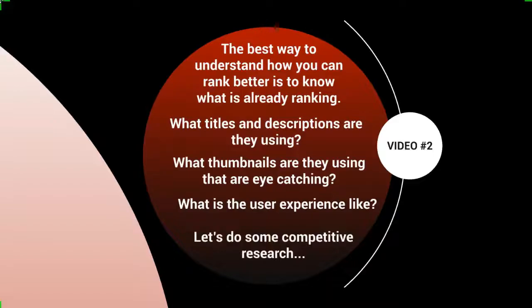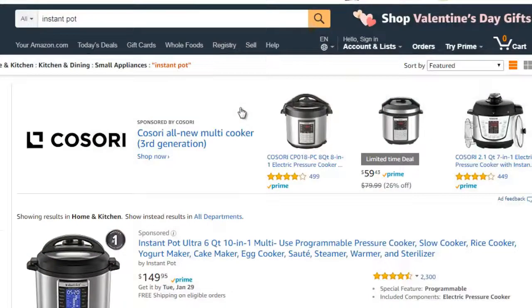So let's go ahead and do some competitive research. To make sure that we find YouTube videos that actually relate to promoting a product, I'm just going to pick a product out of the blue.